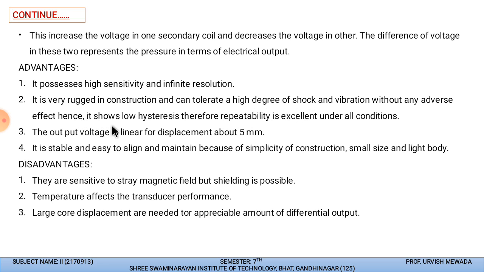Also it shows low stresses, therefore repeatability is excellent. So we can use this device repeatedly to measure the unknown pressure, and the output voltage is linear for a displacement of about 5 mm. We have this limitation because the core has a certain limit of movement, which is 5 mm.